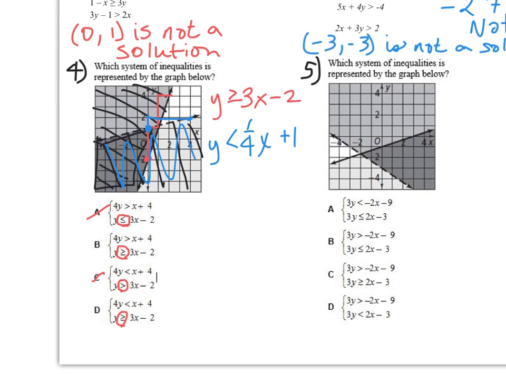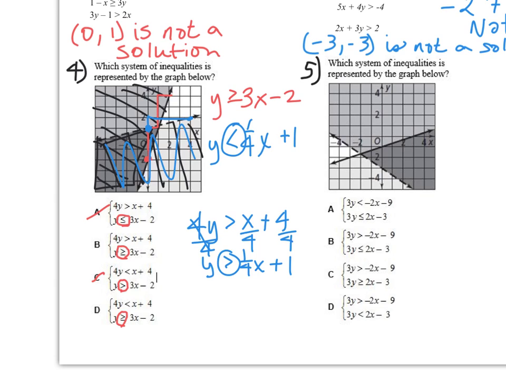On B, 4y is greater than x plus 4. If I divide each piece by 4, I'm going to get y is greater than 1/4 x plus 1. Does that match what I found? Almost. What's wrong? The inequality. So it can't be B, but let's look at D. What's the only difference on D? That inequality, right? So the answer has to be D.